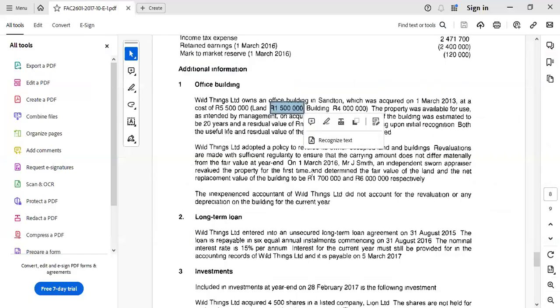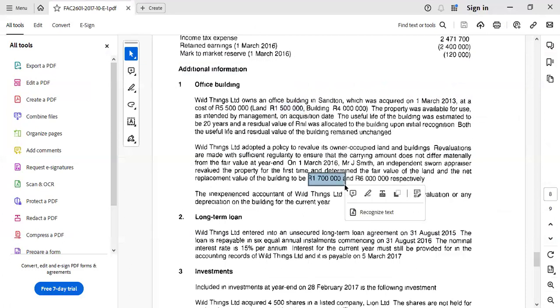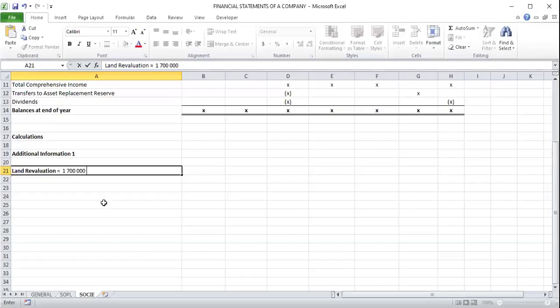And now it has been revalued to 1.7. So there's an increase of 200,000. And this revaluation was for the first time. So we'd say 1.7 million minus 1,500,000, which is equal to 200,000.